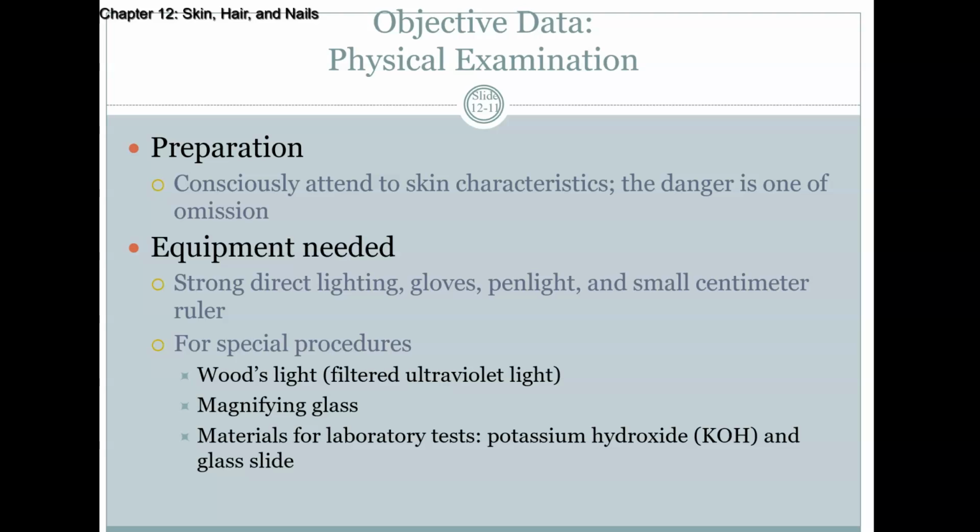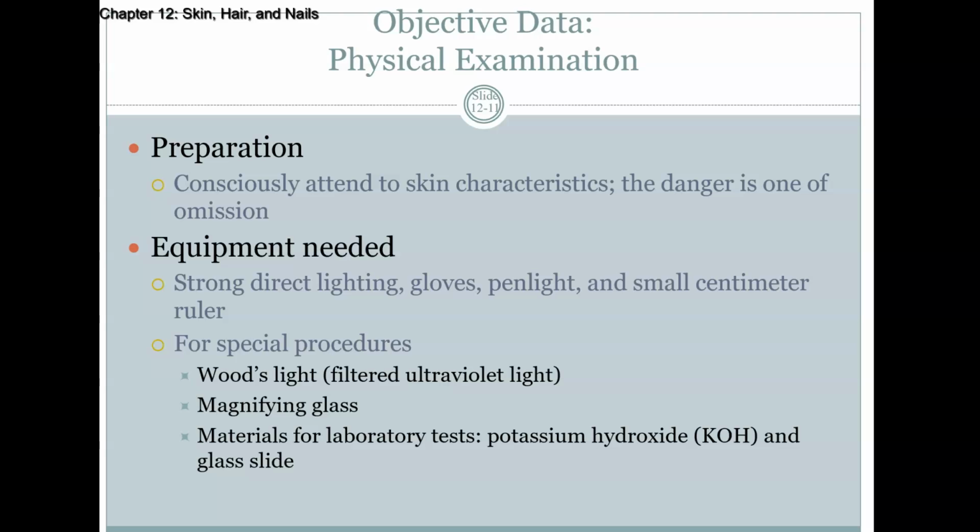So you do your preparation always, just like you do your preparation for most things when you're assessing a person. You want to have strong direct lighting, gloves, a penlight, and a small centimeter ruler. That is the equipment you will mostly need when you're getting ready to examine somebody's skin.